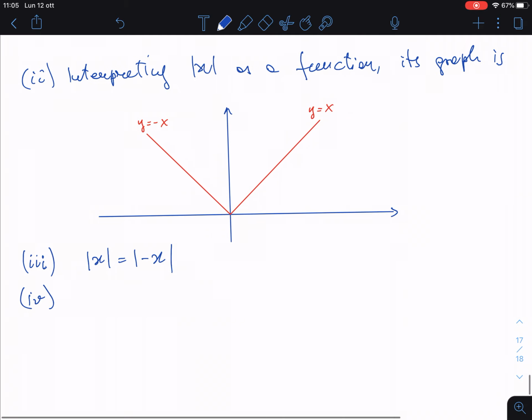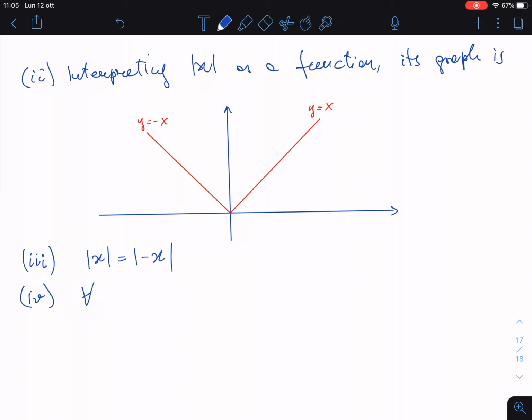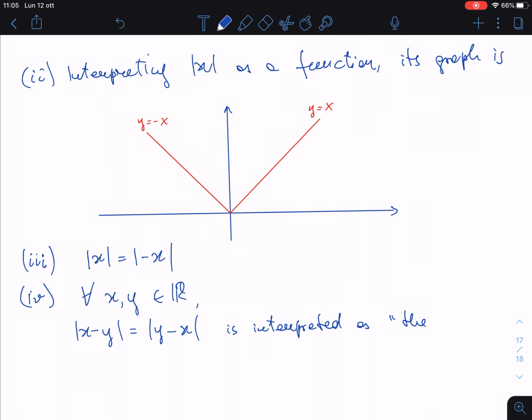Fourth property is that for every x, y in R, the quantity x minus y in absolute value, equal to y minus x, again in absolute value, is interpreted as the distance between the points x and y.